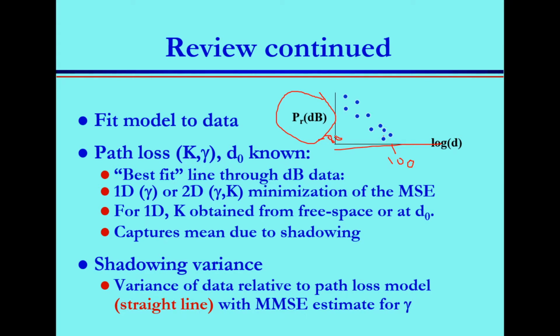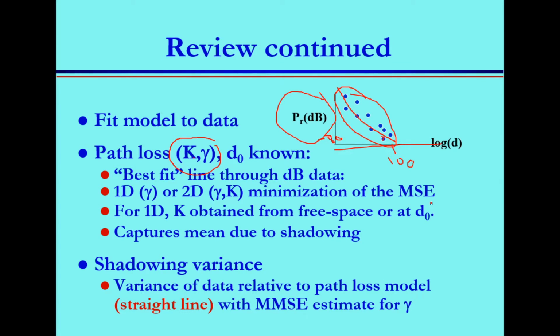Best fit line through dB data. This is dB data. There is 1D fitting, when you are interested in finding only gamma, the slope. 2D fitting is when you find gamma, the slope, and the intersection with y, which physically represent gamma and k. They are constant values. And you use mean square error as the criterion to minimize your error.